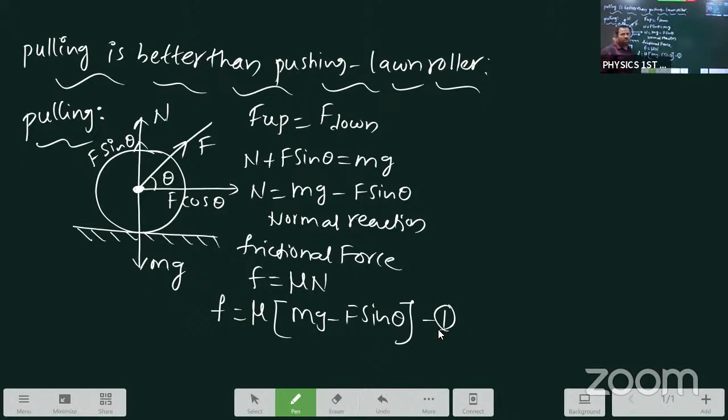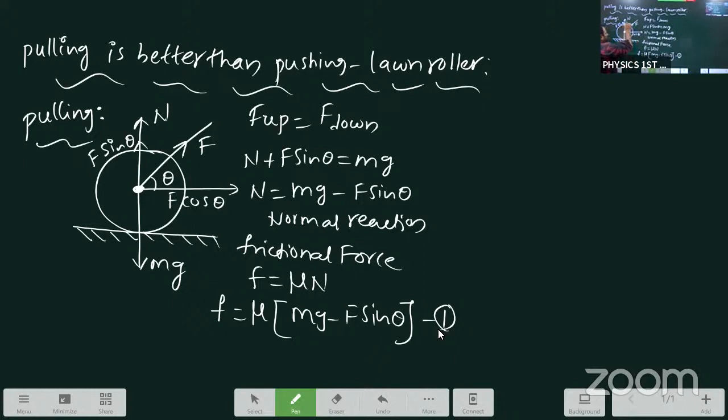Our topic: pulling is better than pushing in the case of a lawn roller. One diagram, pulling: F is the external force divided into two components. Normal reaction upwards, mg downwards. One is action, one is reaction. F is divided into two components, one is sin theta, the second is cos theta.